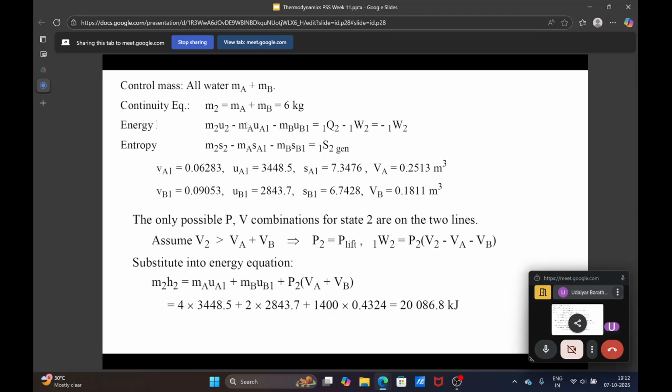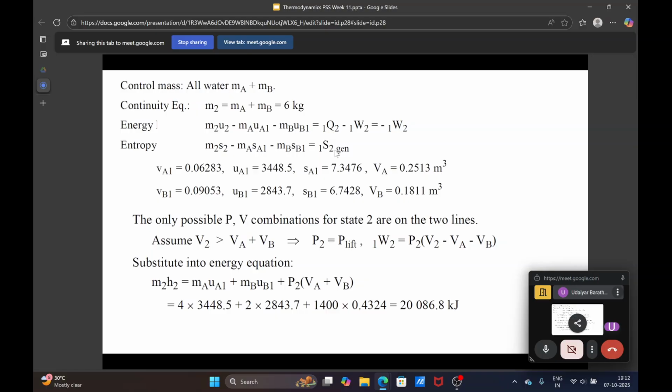And similarly energy balance, so we have M2 U2 minus the energy in each of the tanks equals Q minus W. Since heat transfer is 0, it comes out to be minus W. And similarly entropy balance, there is no heat transfer, so Q by T is 0. So this is the entropy difference of the steam system equals the entropy generated.